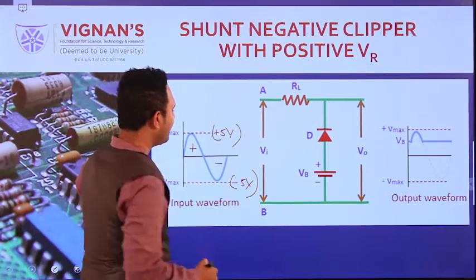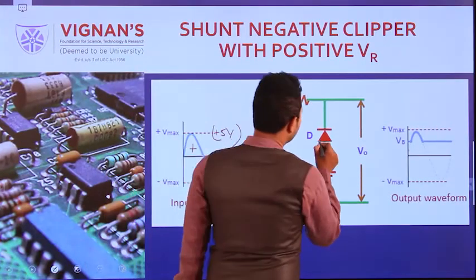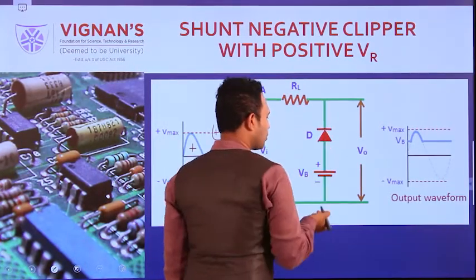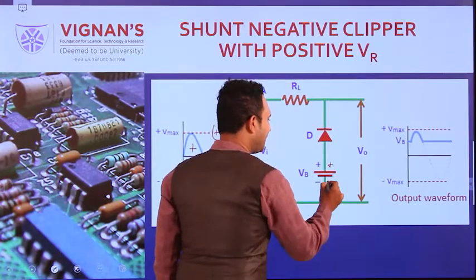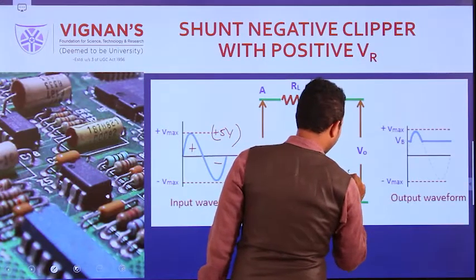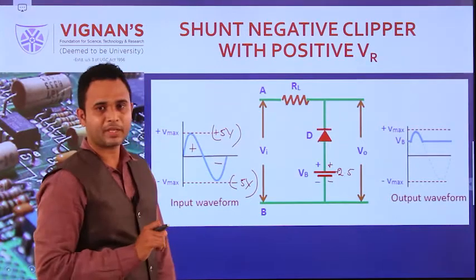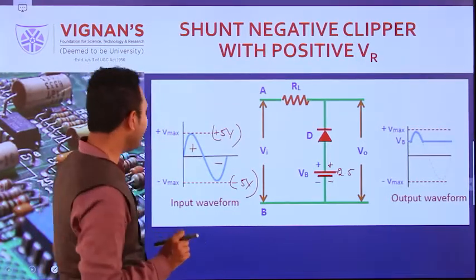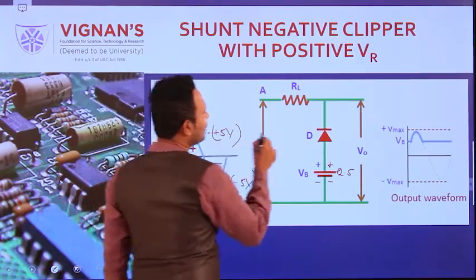How will it act? Same as before, the diode is connected in the reverse direction, but here a reference voltage is connected, with plus and minus terminals. Here I am taking plus 2.5 volts. First, the positive peak is connected.